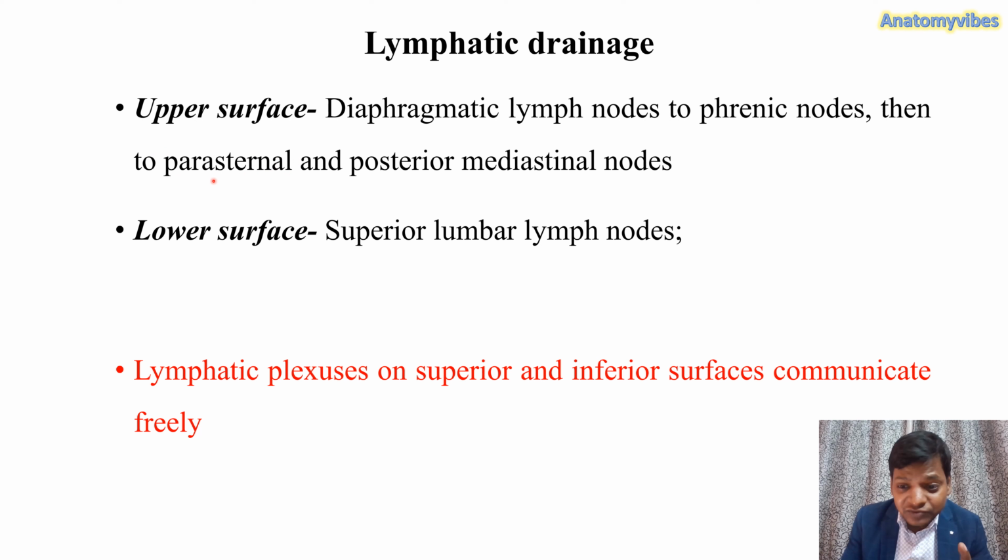So if these lymph nodes are enlarged, you have to demarcate whether disease is related to the mammary gland or something happening to the diaphragm. So this is very important. Lower surface will go to the lumbar lymph node. Simple. Now the important point here is lymphatic plexuses on superior and inferior surface of diaphragm will communicate with each other. Okay, so this is very important.